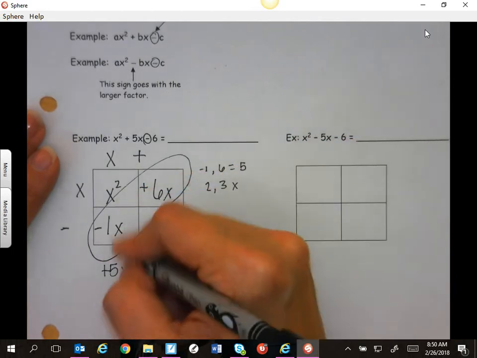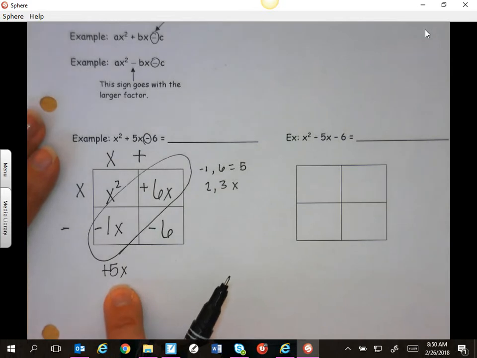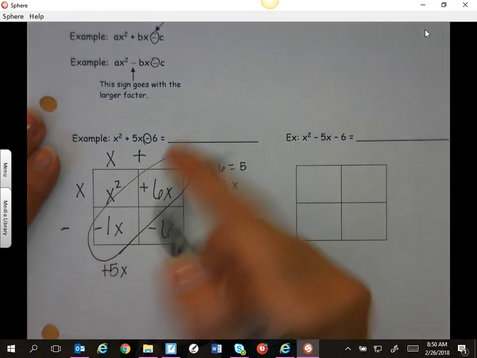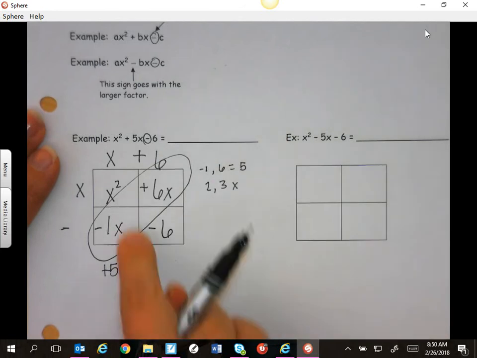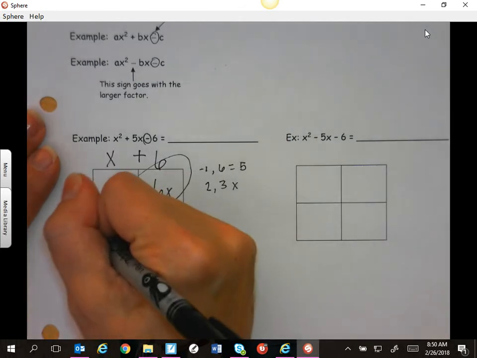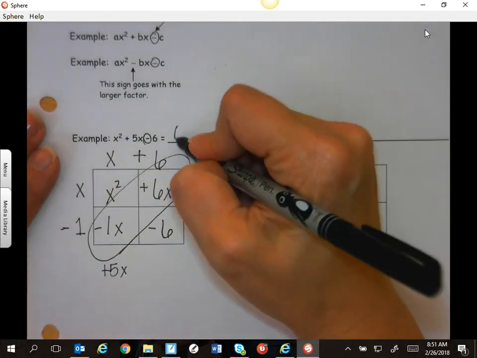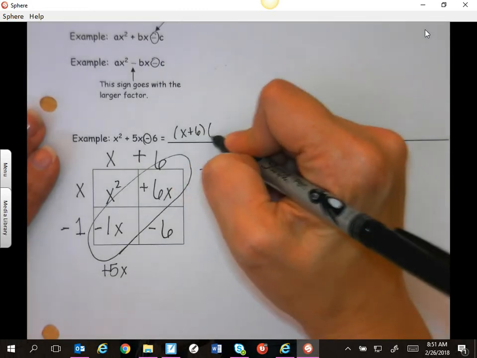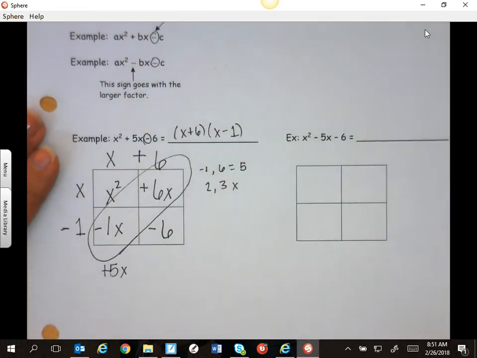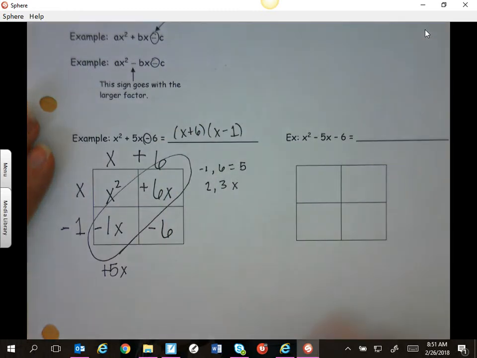This gives us this 5x that we wanted. And then x times what is 6x? Positive 6. X times what is negative 1x? Negative 1. So our factors are x plus 6 and x minus 1. And you can write those in either order.